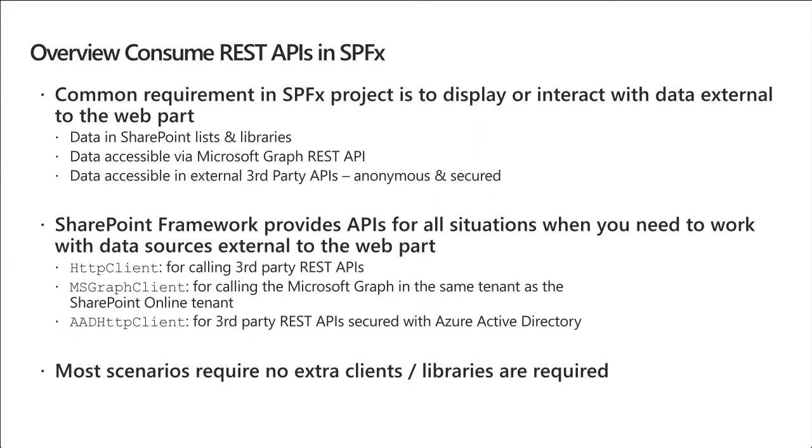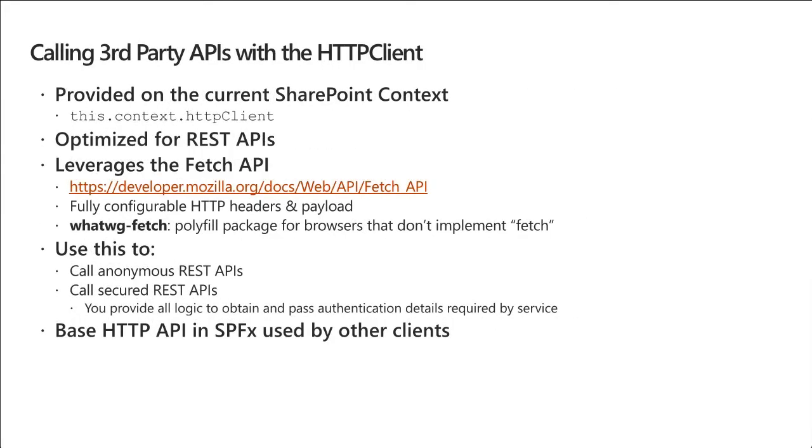But as you'll see when we get to the third section of this module, you're going to use a different style of accessing or making those calls. And we're going to be using an SDK that is provided by the Microsoft Graph team for JavaScript or client-side implementations. Now, most of these different scenarios require no extra clients or libraries. We have everything that we need.